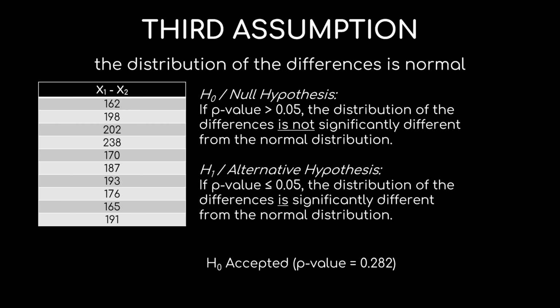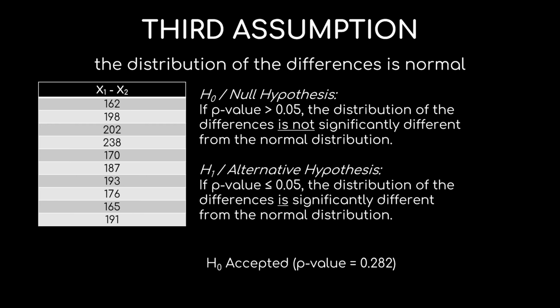If the p-value is less than or equal to 0.05, it does deviate, so the alternative hypothesis is true. In this specific case, the p-value is 0.282, therefore H0 is accepted.